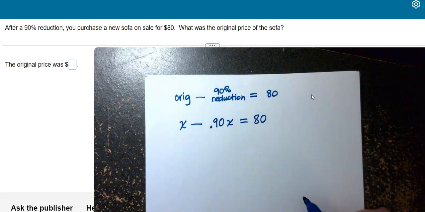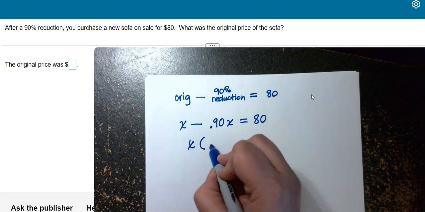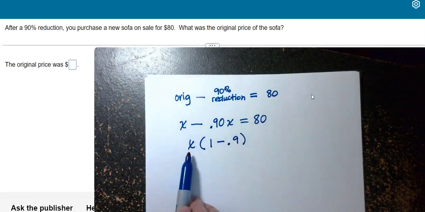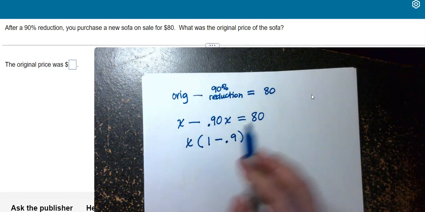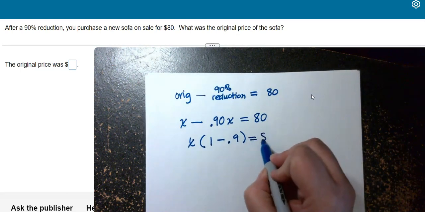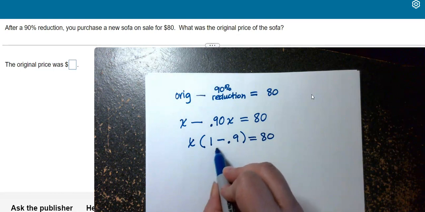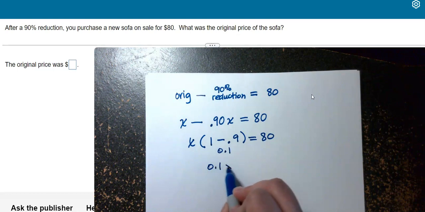Now I'm going to factor out the X. So X times 1 minus 0.9, because this is 1x, so x times 1 gives me x, and this is 0.9 times x, so x times 0.9 gives me 0.9x. Equals 80. 1 minus 0.9 is 0.1. So I've got 0.1 times x equals 80.